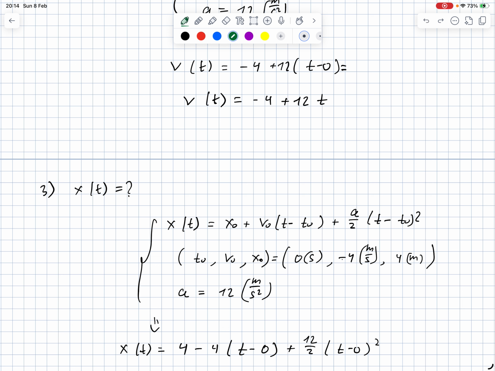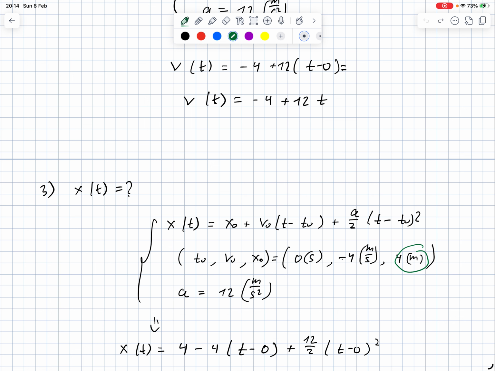It's just we need to use a coordinate that is given or calculated by us. Okay, t0 I took 0 seconds. Now at this time the velocity is minus 4 meters per second, and the position is 4 meters. And again, the acceleration is calculated before, which is 12 meters per second squared.